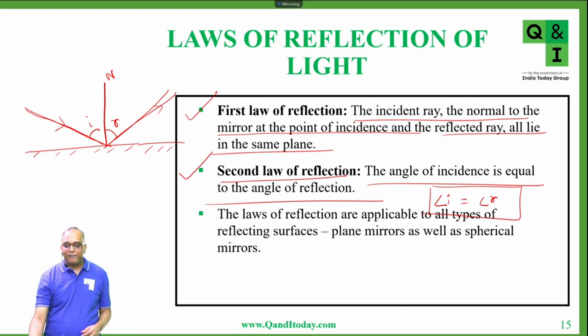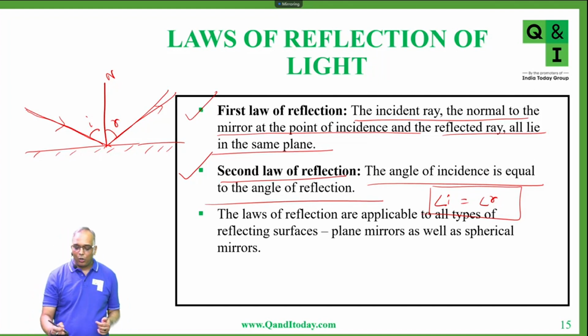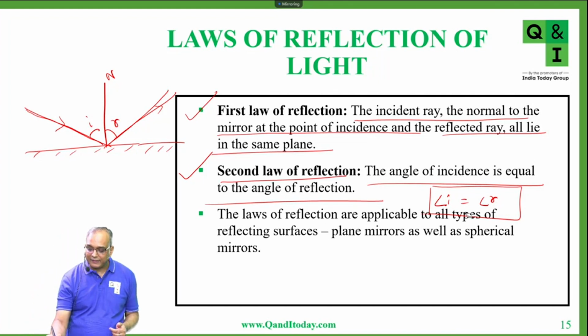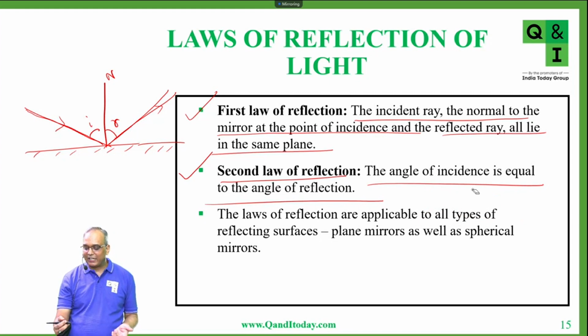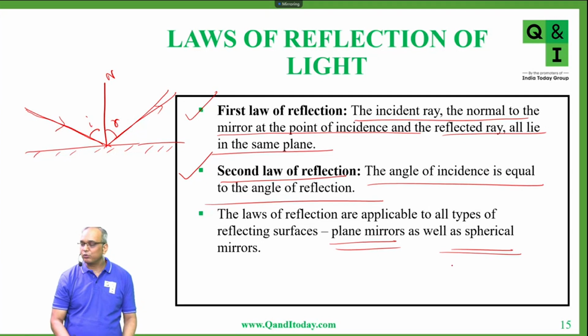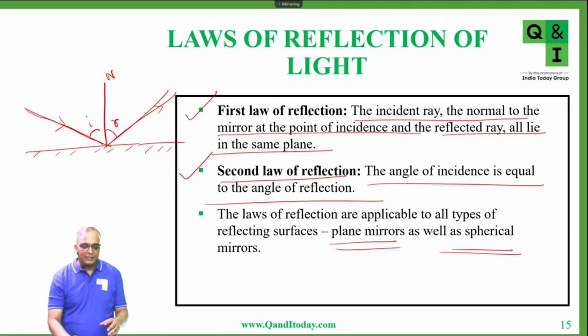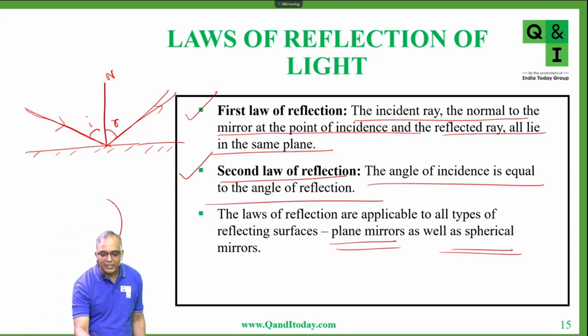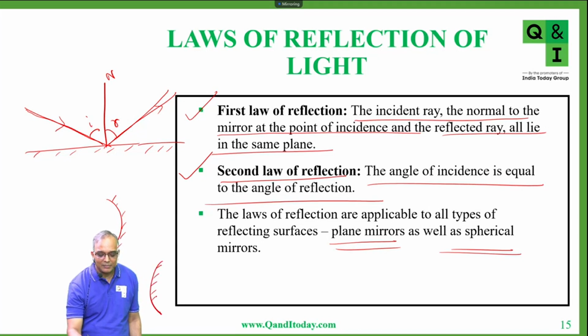The laws of reflection are applicable to all types of reflecting surfaces. That means when I say angle of incidence is equal to angle of reflection, this law is applicable to plane mirrors as well as spherical mirrors. We'll see what spherical mirrors are in our next class. There are two kinds of spherical mirrors: one is the concave mirror and the other is the convex mirror, right?